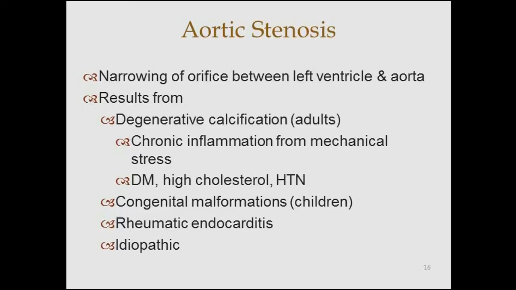It can also be congenital in nature, and again, rheumatic heart disease. Any kind of rheumatic infection will actually cause those leaflets to stick together or adhere, causes adhesions. Idiopathic, can be just a flat unknown cause.